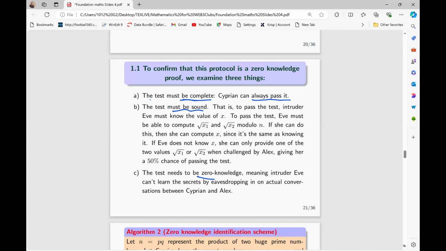The verifier will go home convinced that the prover has that information, but will not get to know any other information. Will not get anything new other than the fact that the prover has that information.